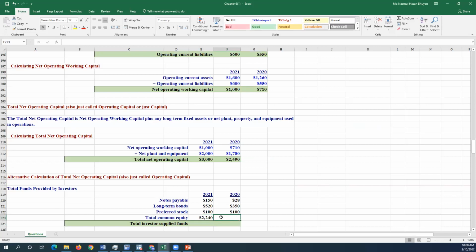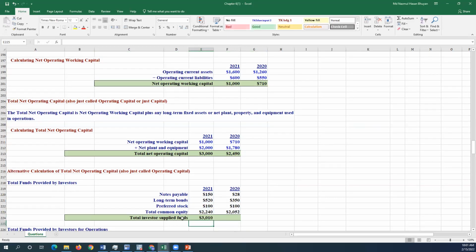So now we have our total common equity value here. Next, add all of these accounts up to get total investor supplied funds.